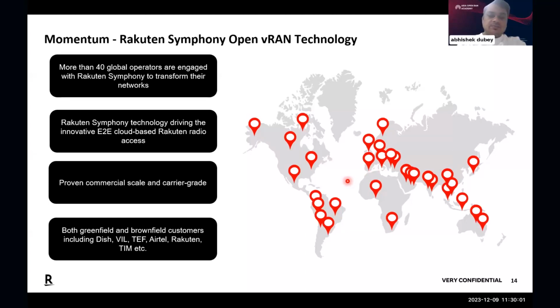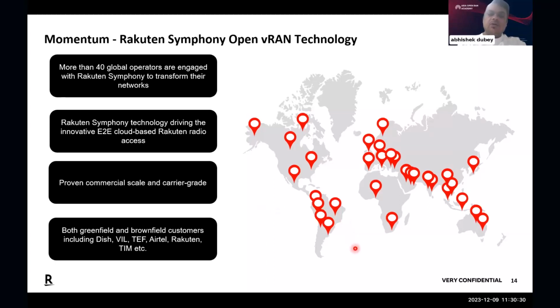It's deployed in many regions, including, as I told you just now, the RMI full-fledged commercial deployment in Germany. 1&1 is a full-fledged commercial deployment that is happening, and we also have Airtel in India, and in Italy it's TIM.